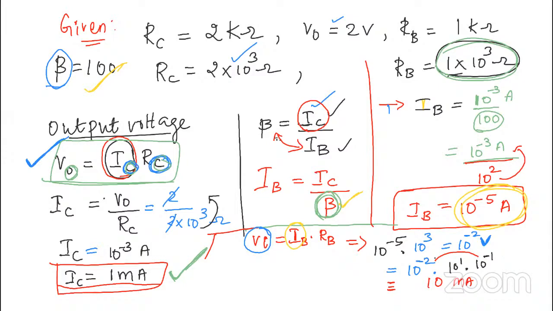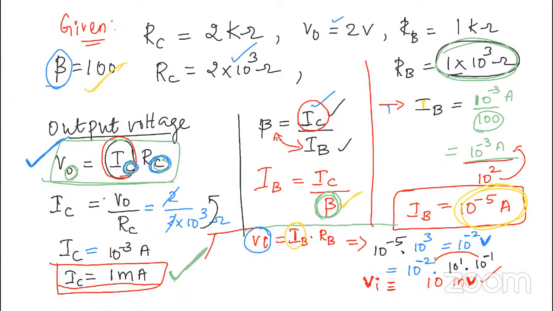Millivolt is the final answer for VI. So here it is voltage, input voltage. So we are mentioning it in volts.